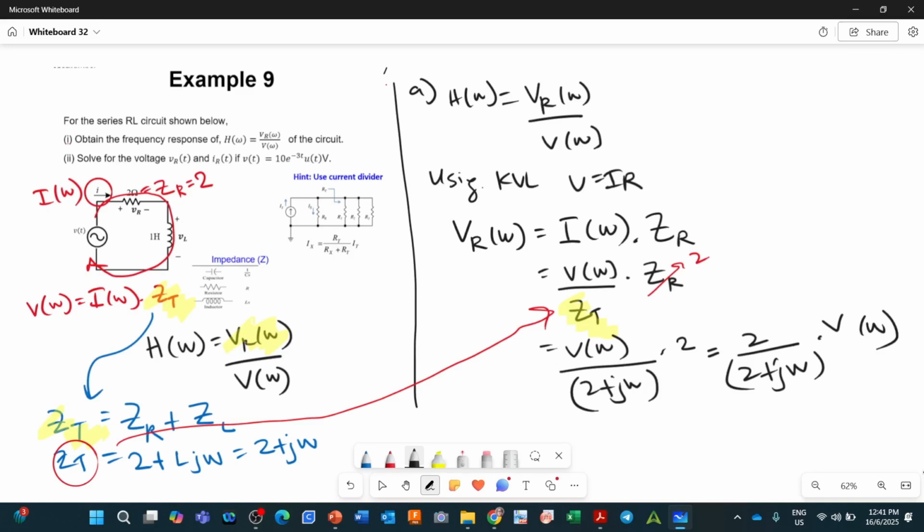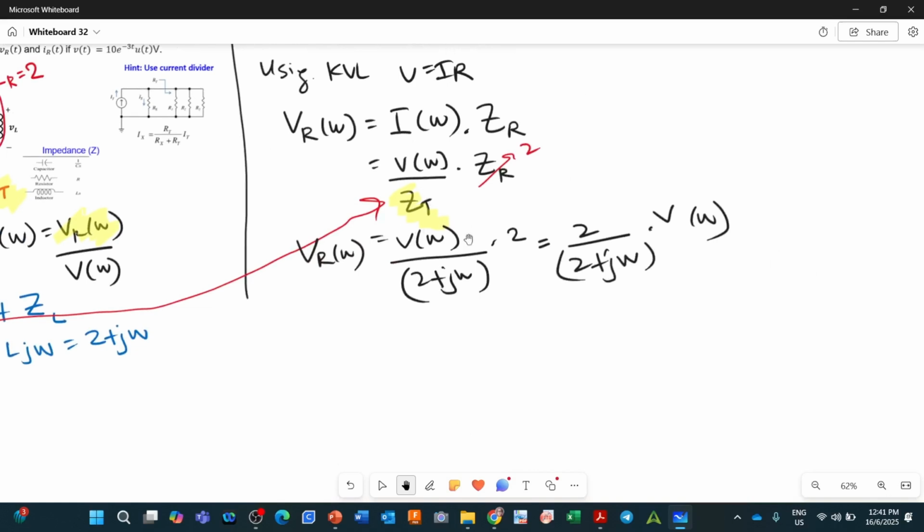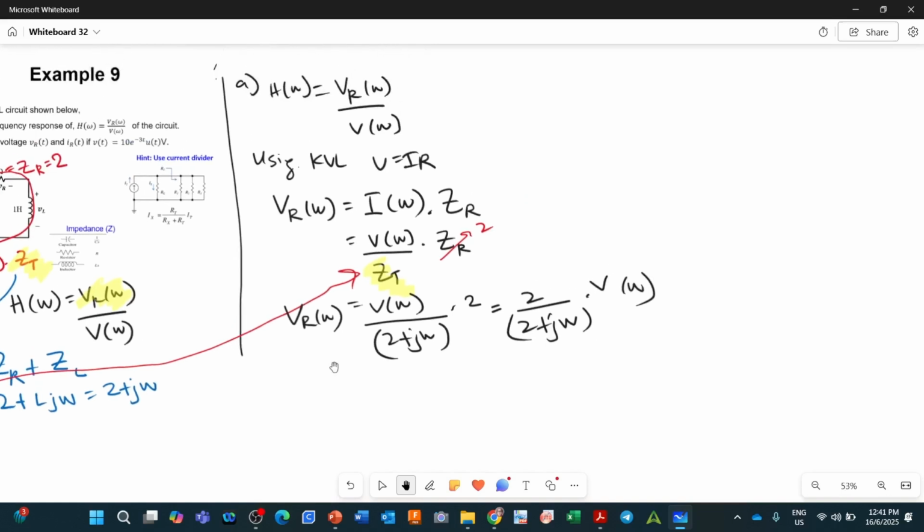What was the question? The question asks you to get in terms of VR over V omega. Do you have those two right now? Yes, right. You have here V omega, and then you have VR omega. Therefore, H omega is equivalent to VR omega divided by V omega.